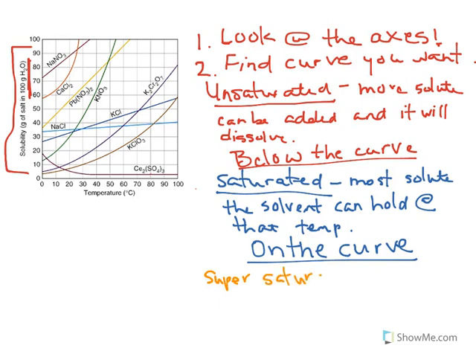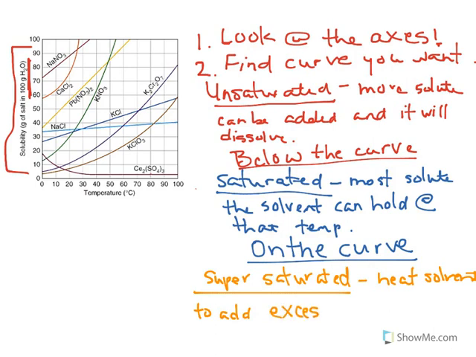It's a tricky idea, but not here in Texas because we do it all the time. Supersaturated is where we heat the solvent to add excess solute and then gently cool.